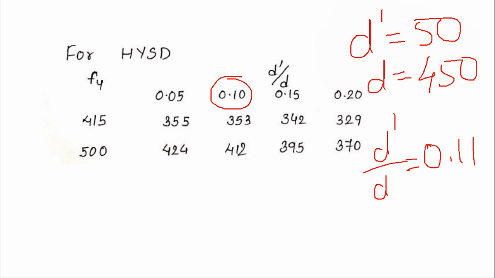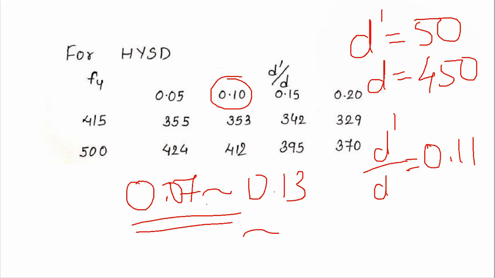Keep in mind, we will always consider the ratio to be 0.1. For example, if the ratio comes out to be anywhere from 0.07 up to 0.13 or 0.14, we will always approximate it to the value 0.10.